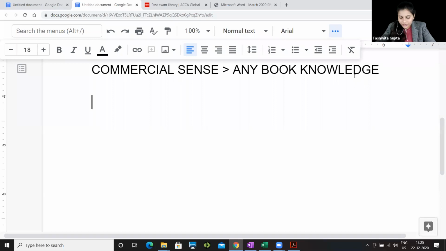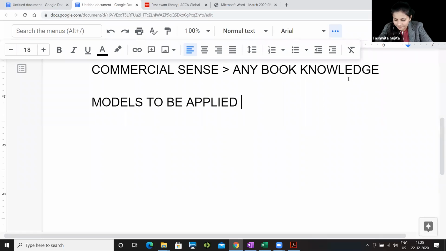Now there are a few models to be applied in SBL, like Porter's Five Forces model, like PESTLE analysis, like Ansoff, like the matrix which we had for the stakeholders. All of these models have to be applied.